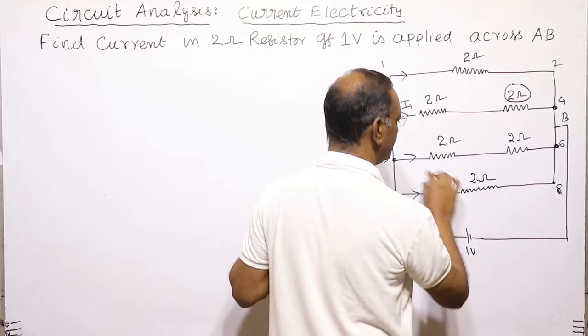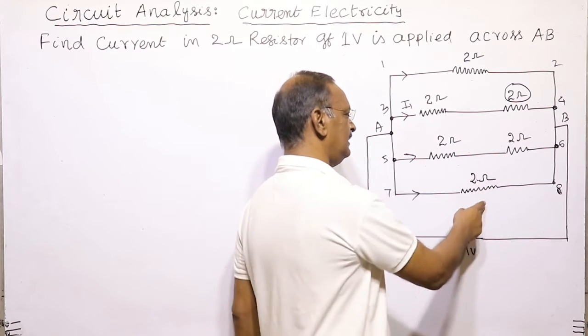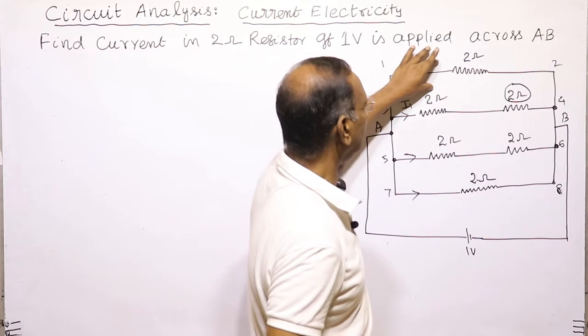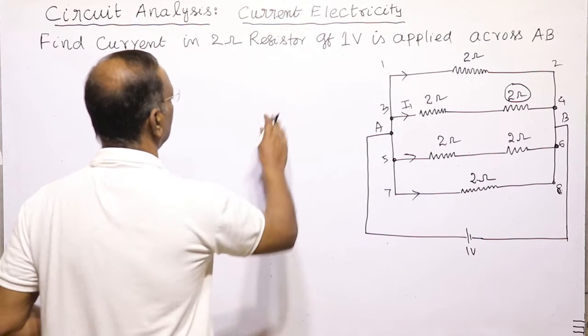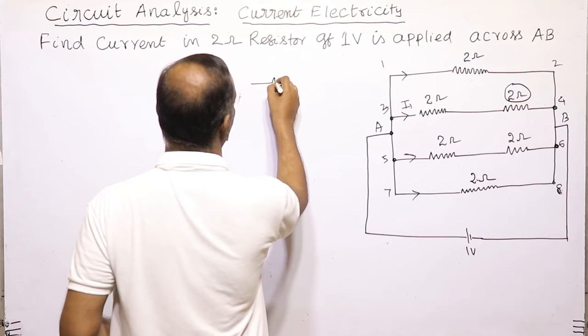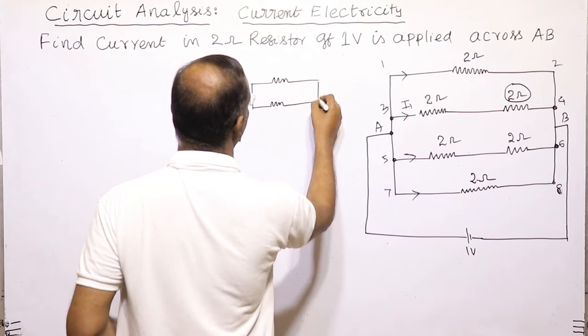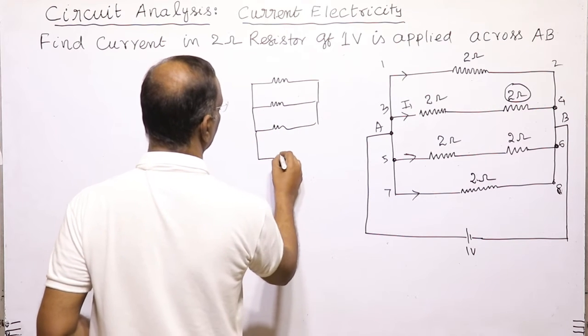These both are in series, so the same current will flow in both resistors. Now let us find the total net current.